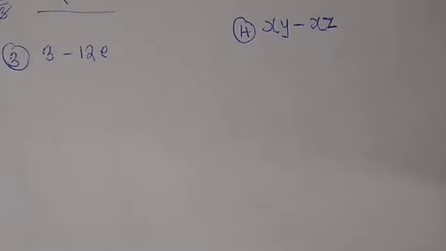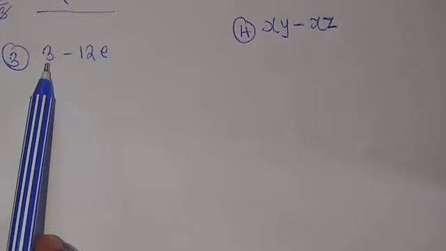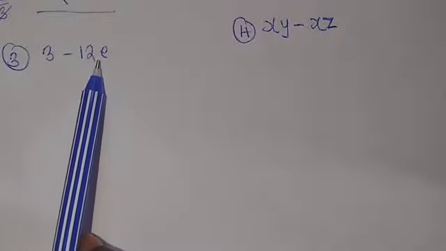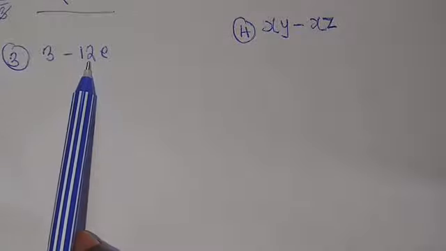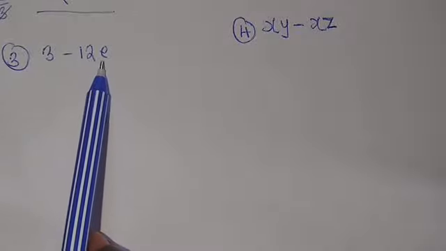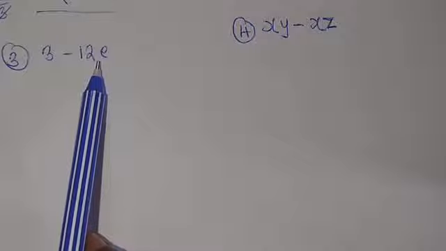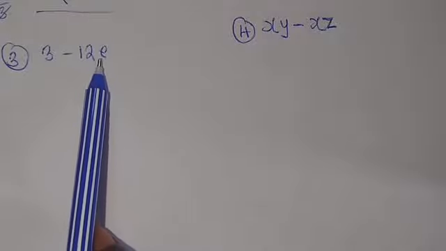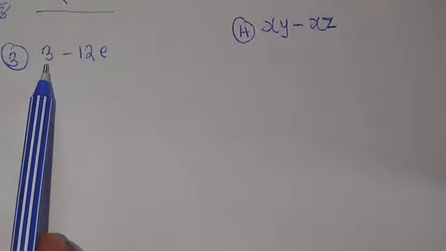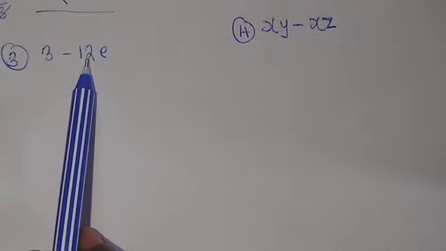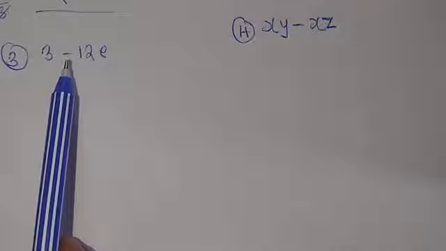Alright, so we now come to our third question. We need to factorize 3 minus 12e. In terms of the numbers, we have 3 and 12. In terms of the letters, we only have e here, so the letter is not common. Now we find the highest common factor of 3 and 12. That's the one that we are going to factor out.